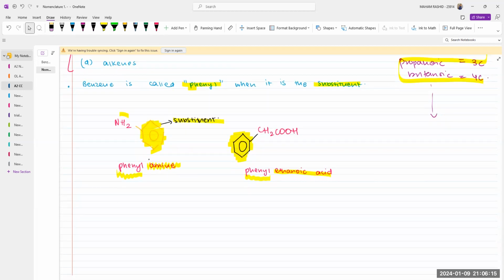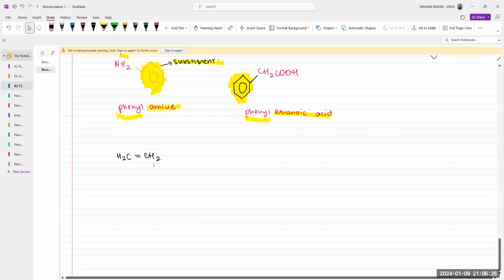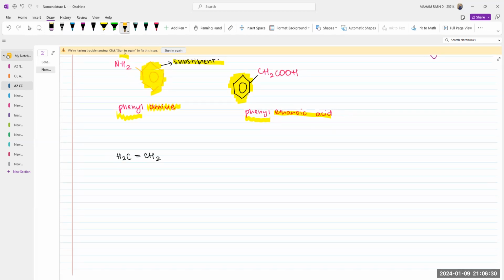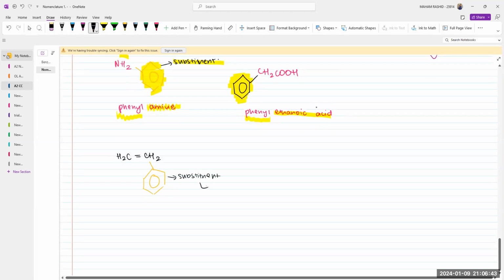Now, another example is alkenes. So in alkenes, what if we have this alkene and I have a benzene ring attached to my alkene? So this benzene ring here is my substituent, and a substituted benzene is called phenyl.